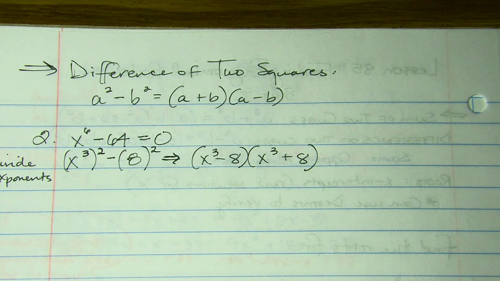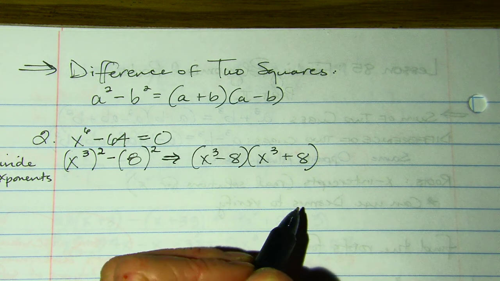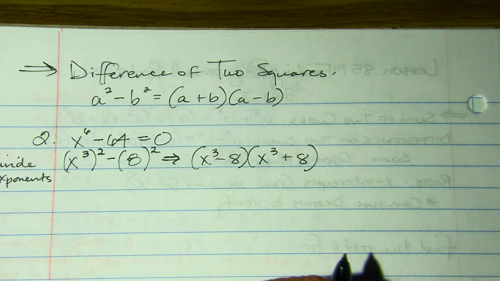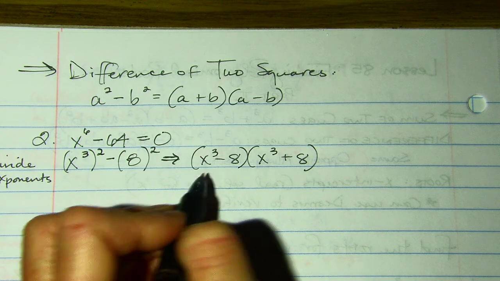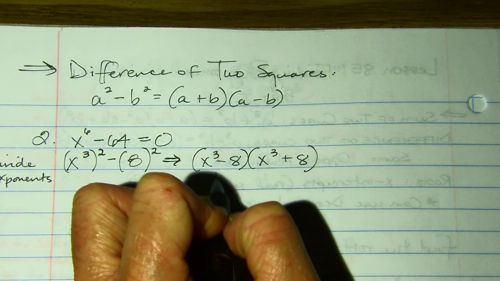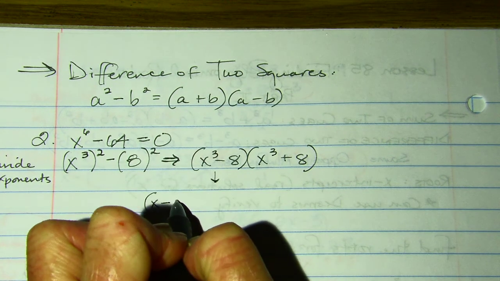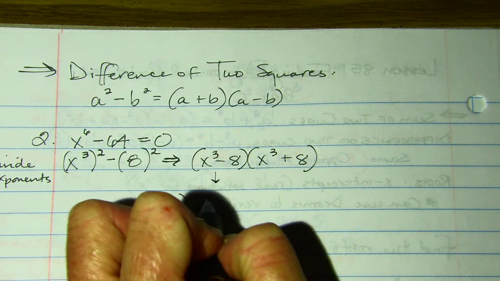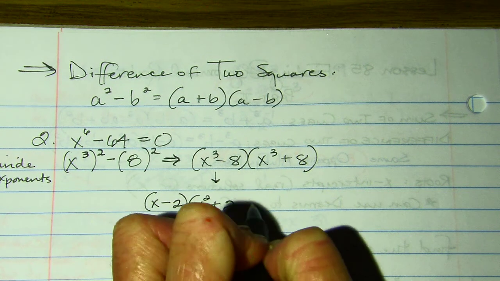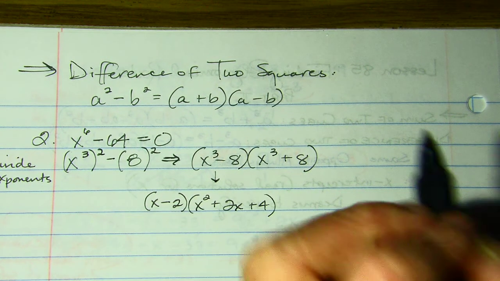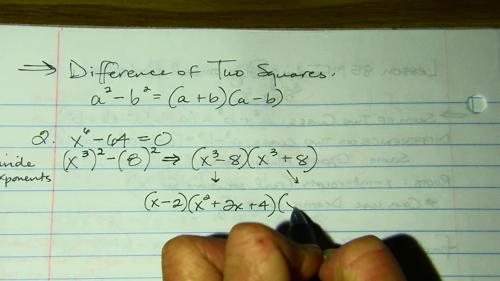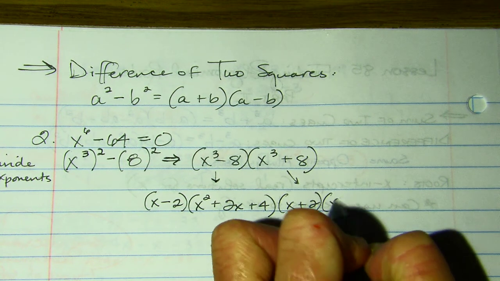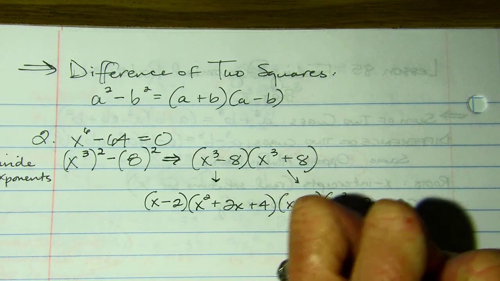Each of these is a cube. This is a difference of two cubes, so the factors here are x minus 2, x squared plus 2x plus 4. The factors here are x plus 2, x squared minus 2x plus 4.